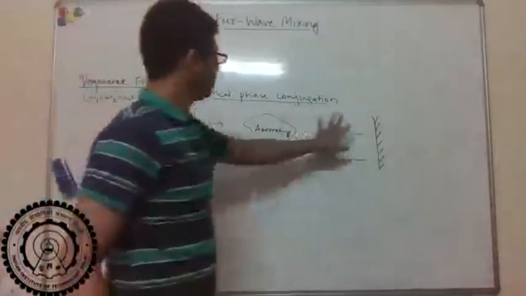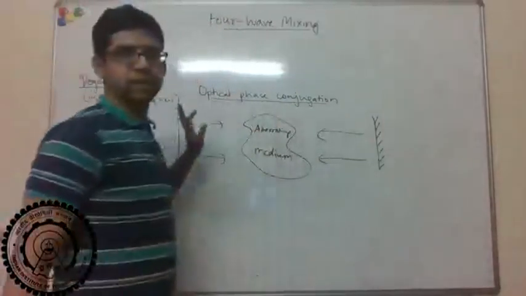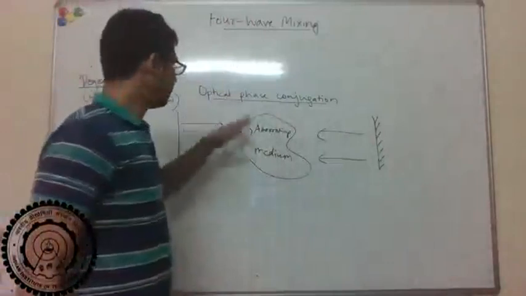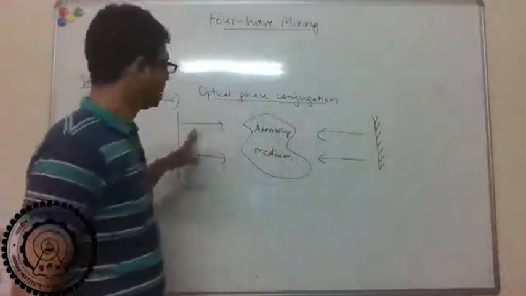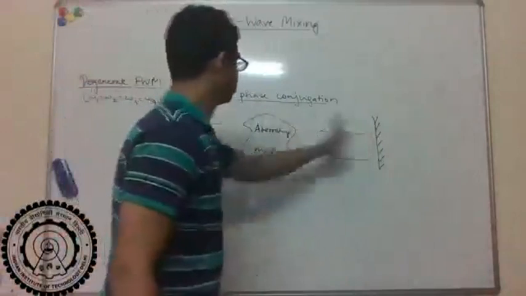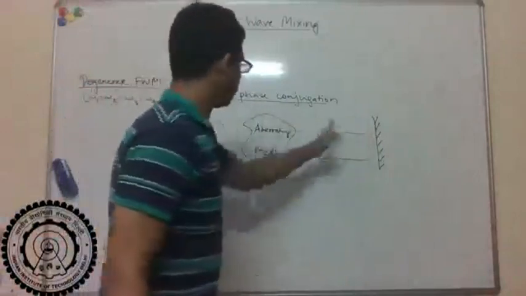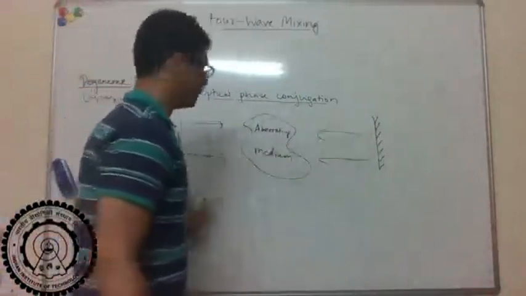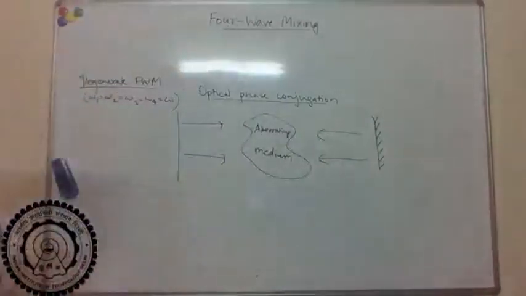So if this medium in between is pristine, and it's not doing any distortions to your wavefront, then this is straightforward. I just collect the reflection, and whatever object is here, I see the image.